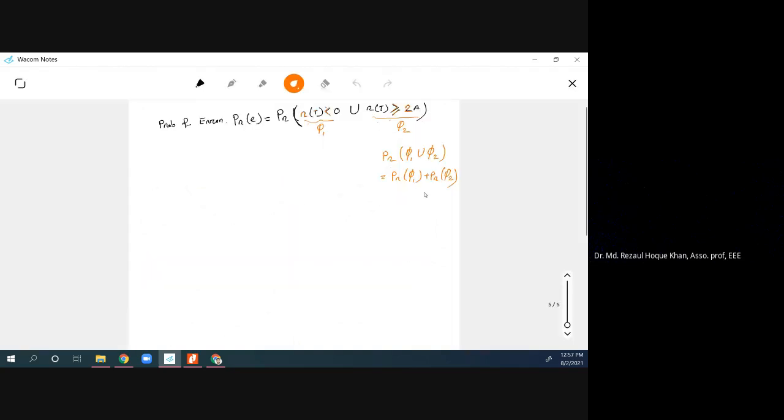So these two events, phi 1 and phi 2, are mutually exclusive. They are disjoint events.